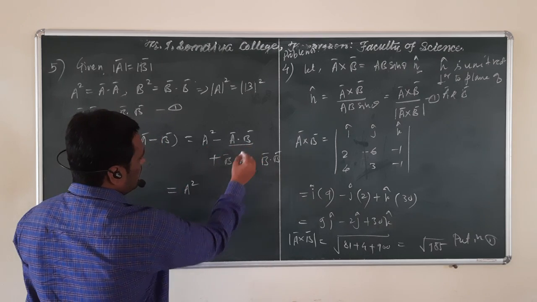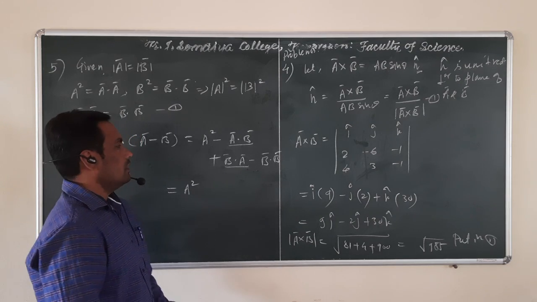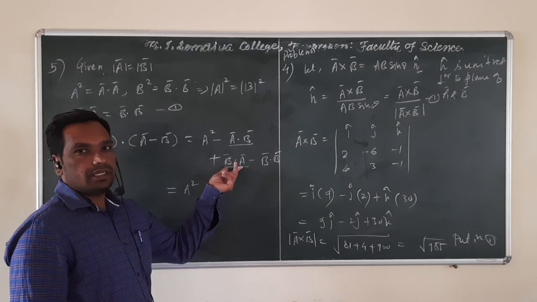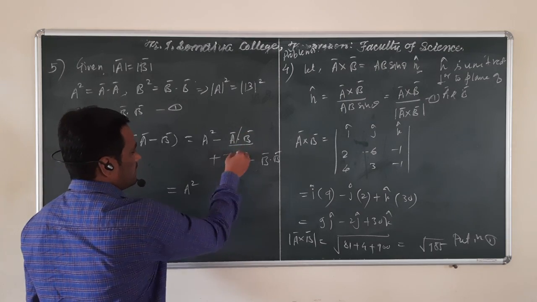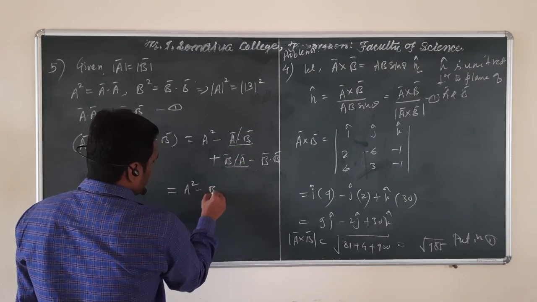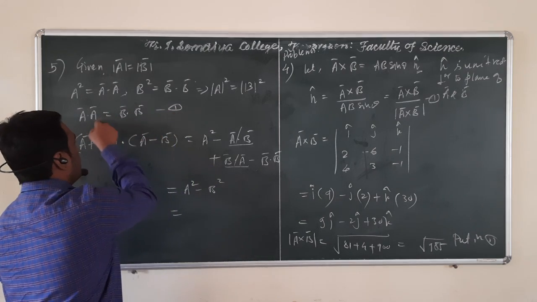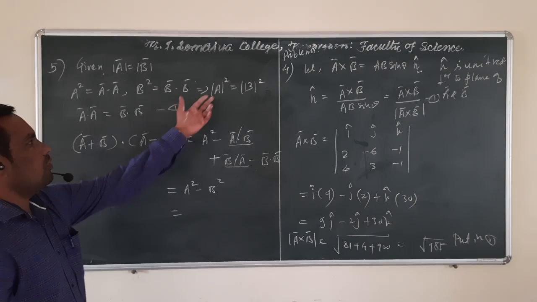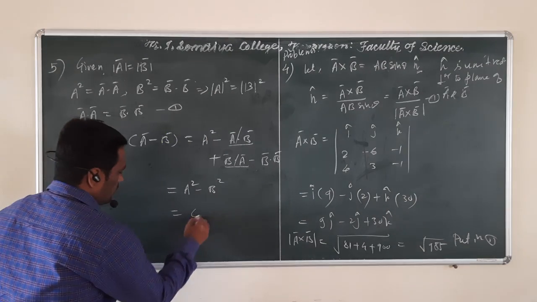If you solve the brackets, this is equal to mod A square, and A dotted with B and B dotted with A are the same quantities, from the property of the dot product: A dot B is equal to B dot A. So this will cancel, and here we have minus B square. And from equation 1, A dot A is equal to B dot B, meaning mod A square is equal to mod B square. So this is equal to 0.